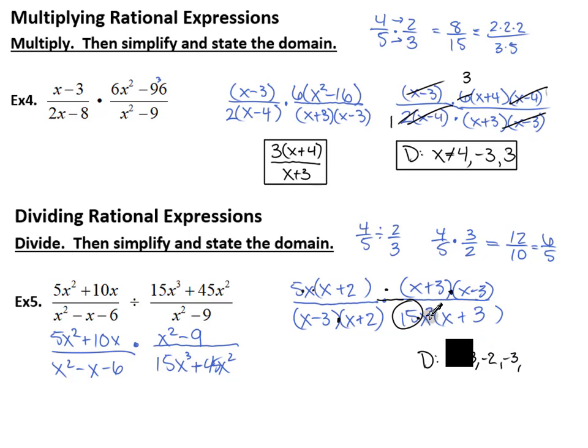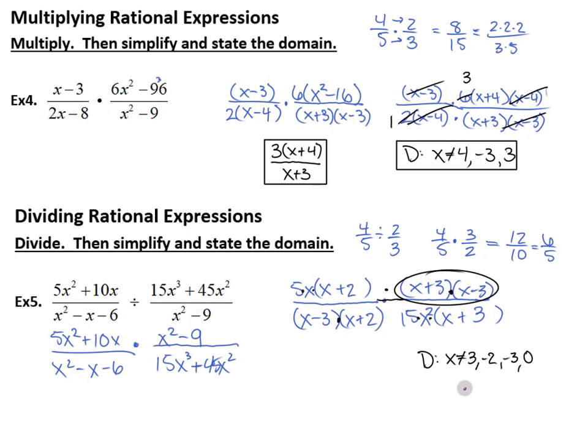Now 15 will never equal 0, but x squared, when would that equal 0? When I plug in 0 itself, right? 0 to any power would be 0. So this is what I have for my denominator here. But remember, x squared minus 9 was originally in our denominator as well. So we would need to exclude positive 3 and -3. They're already in my list, but if they weren't, we would need to add them in.